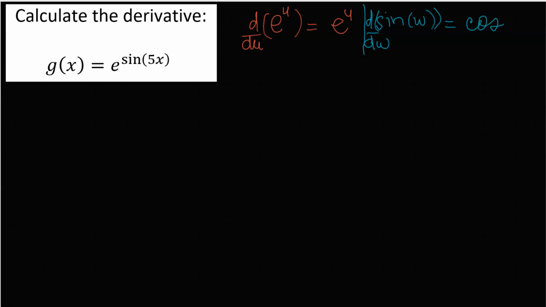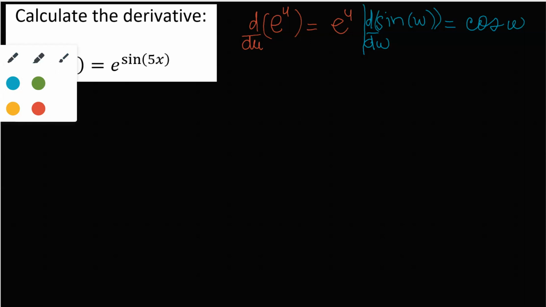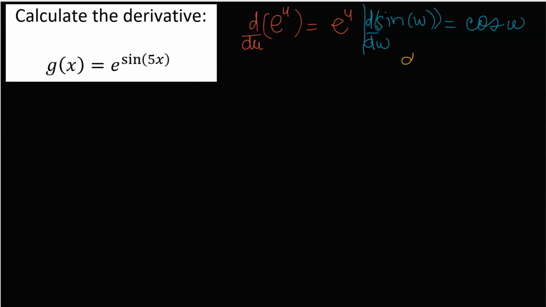So that would be cosine of w. That's the second function that is contributing to the g of x. And then the last thing that we have there is the derivative of 5x. And the derivative of 5x is the constant 5.